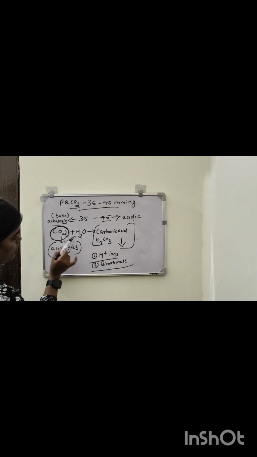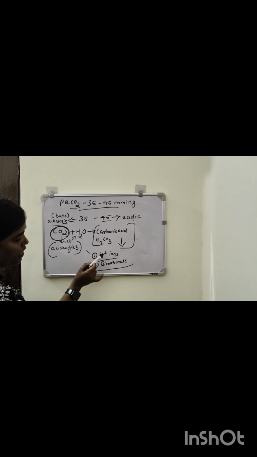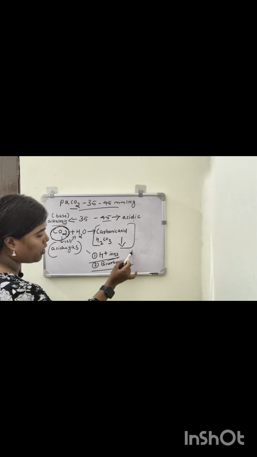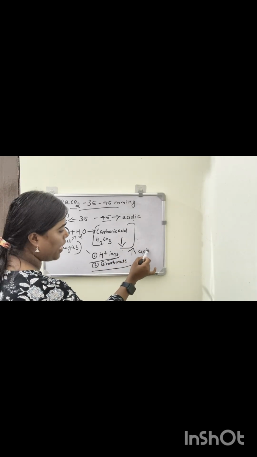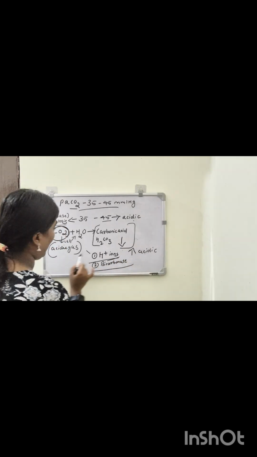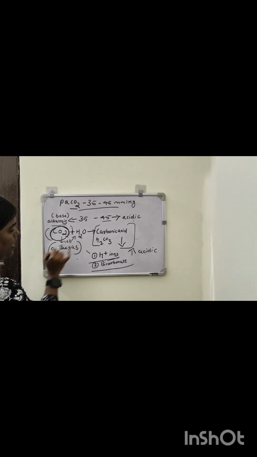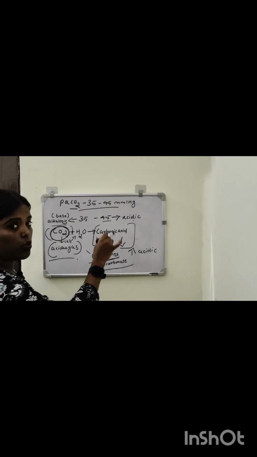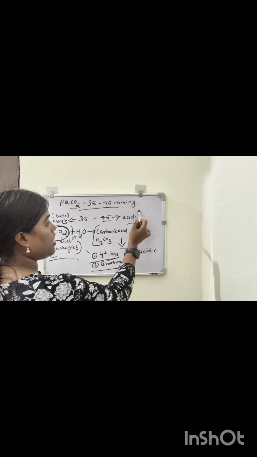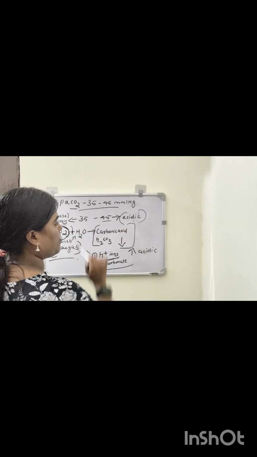So, the CO2 helps to release the hydrogen ions. If the hydrogen ions are more, the condition is acidic. So, that's why the CO2 is an acidic gas. So, if the CO2 level is less, that is alkalosis. If the CO2 level is high, then it is acidosis.